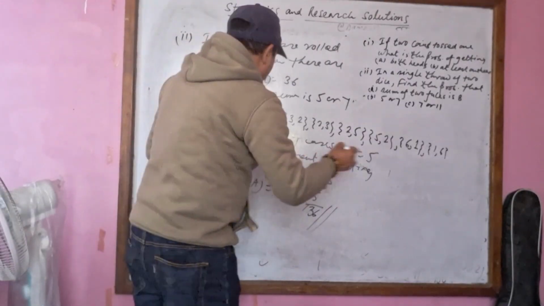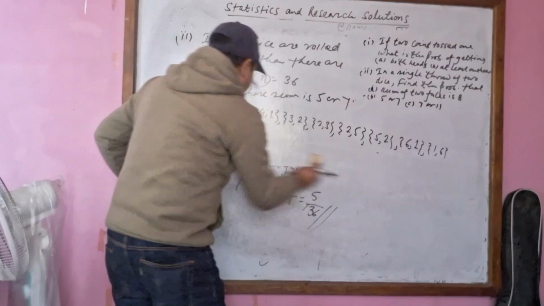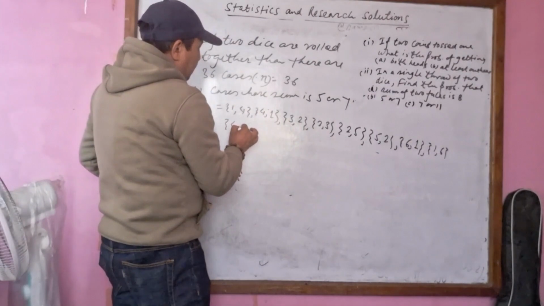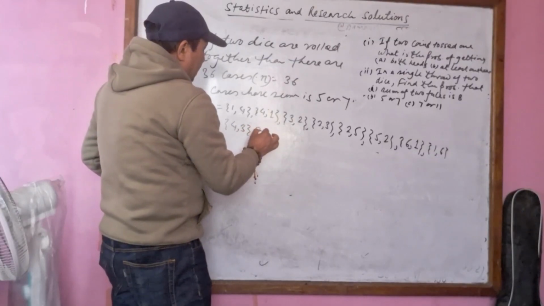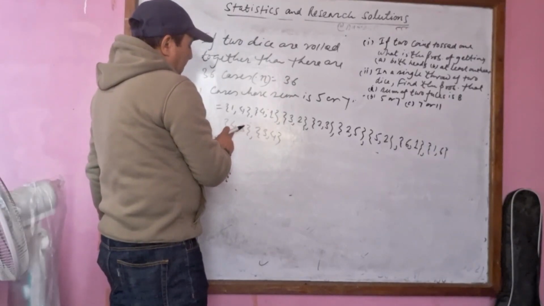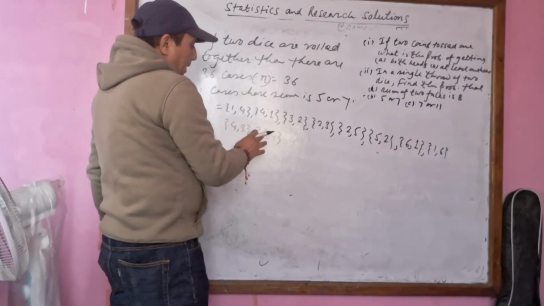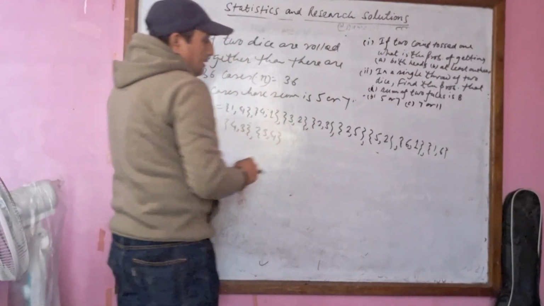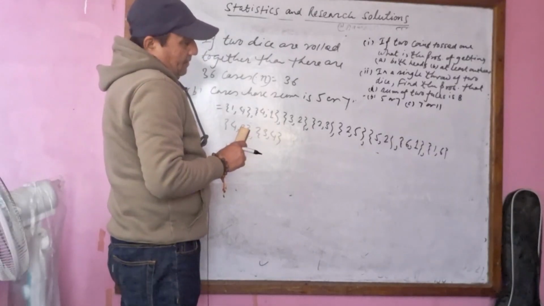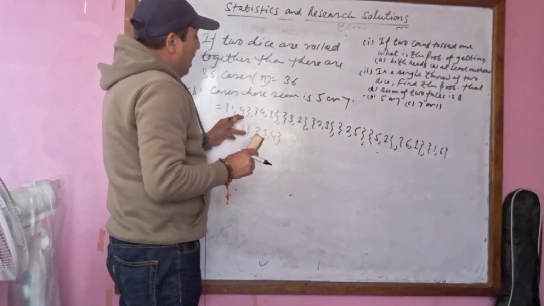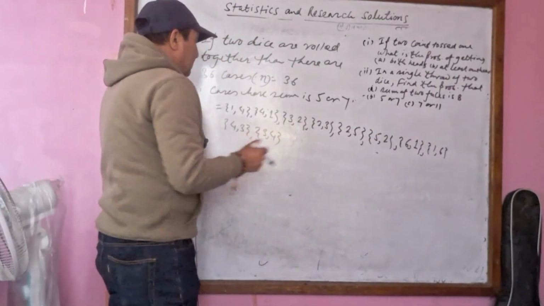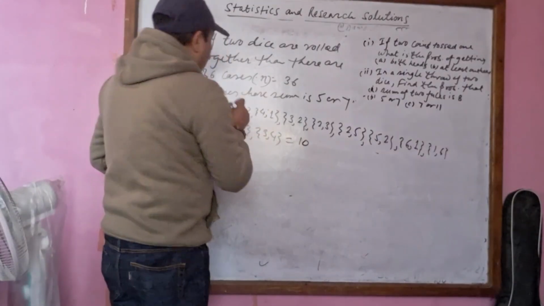Next, 4 and 3, 3 and 4. That much, I think. There are no other cases. So how many cases? 1, 2, 3, 4, 5, 6, 7, 8, 9, 10. 10 cases are there.